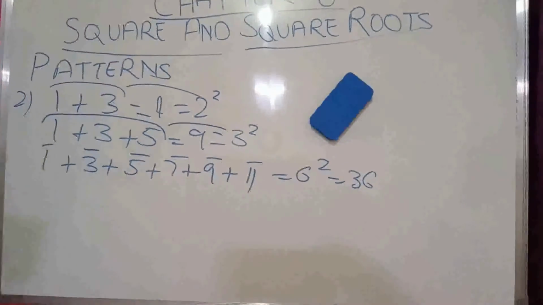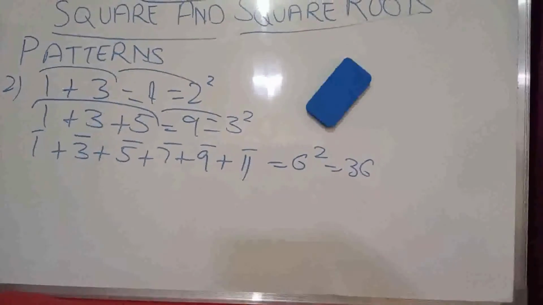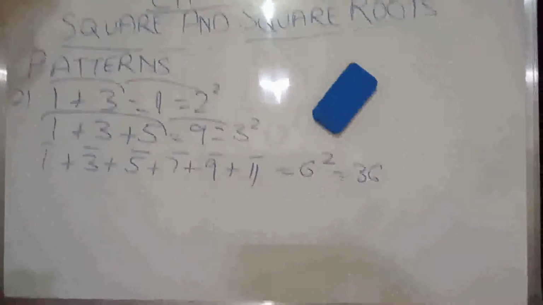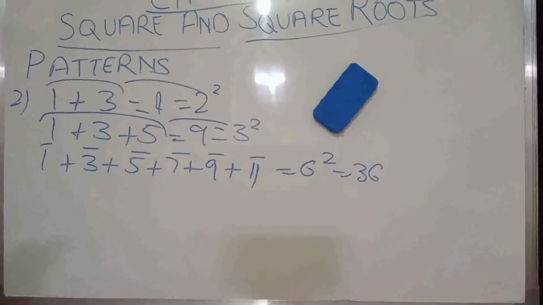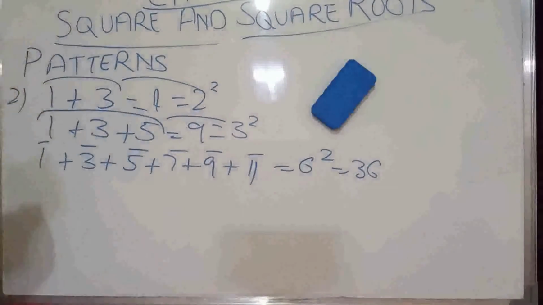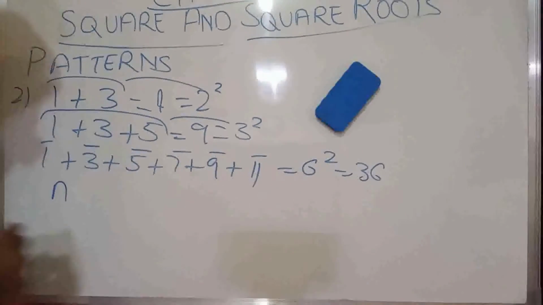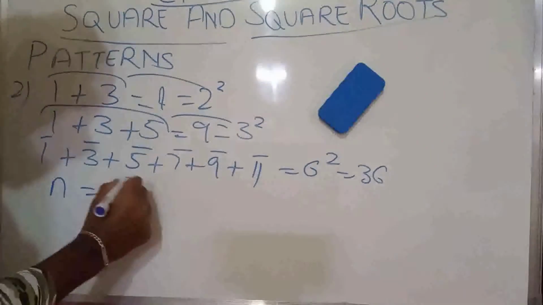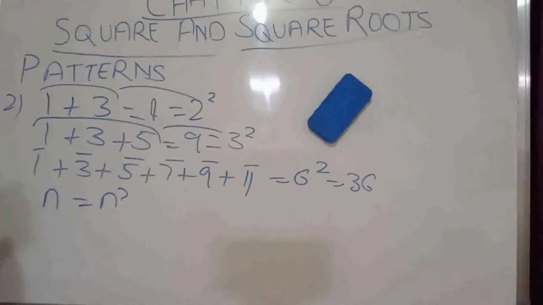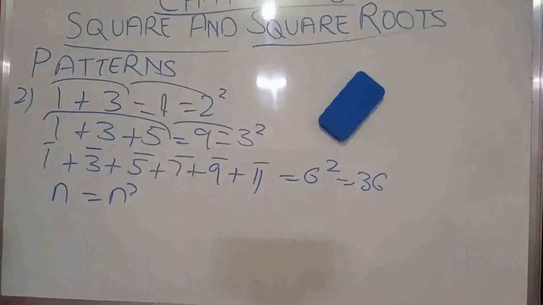You don't really need to add them. You can just find how many odd numbers there are starting from 1. So if there are n odd numbers, then the sum will be n square. Okay, now we will go to the third one.